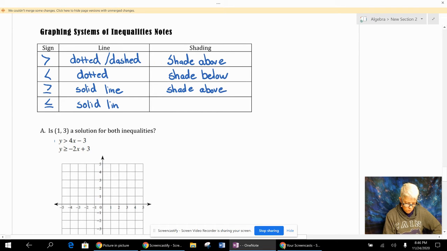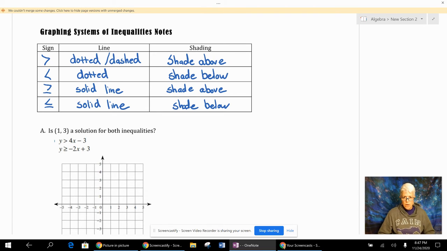And less than or equal to, you're going to shade below. So just keep that in mind, because you might be responsible for doing that on your own, even though as you're practicing, Desmos will do it for you most of the time.